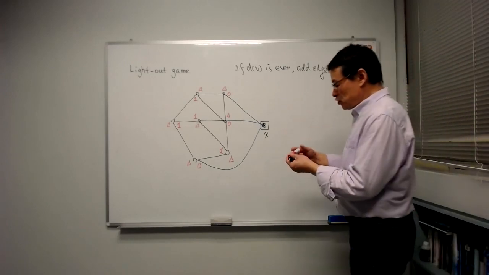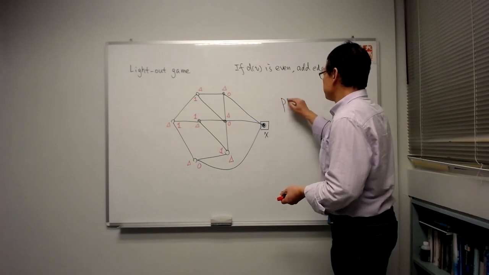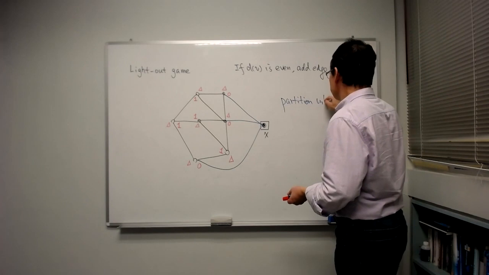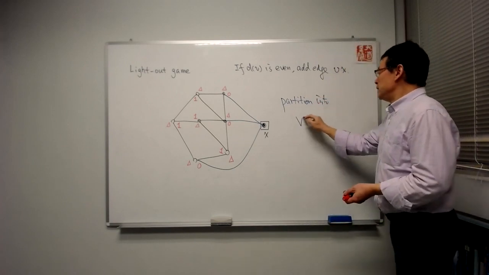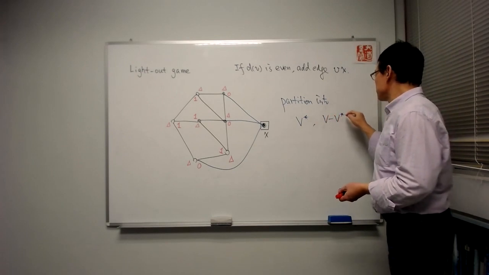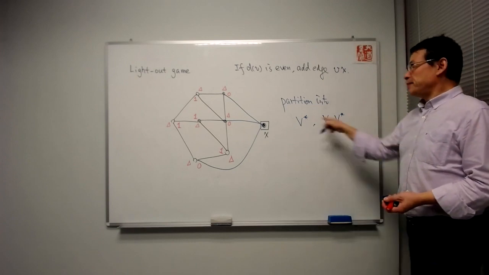So this one has a partition, a non-empty partition into two induced even subgraphs. All right, none of them are empty.